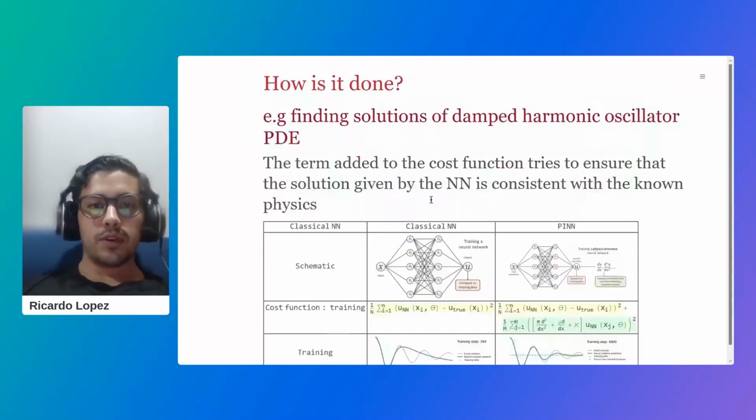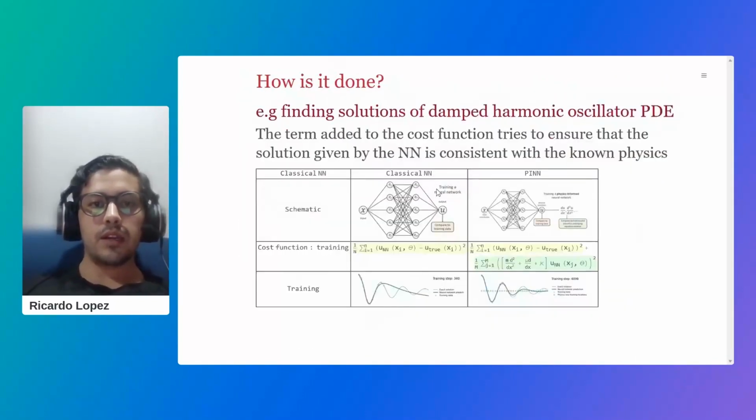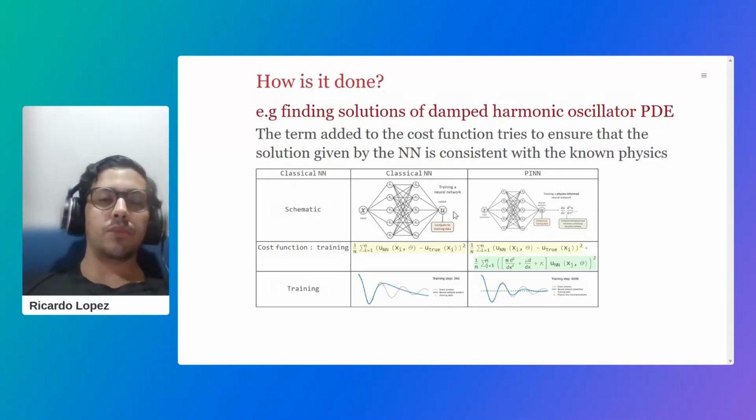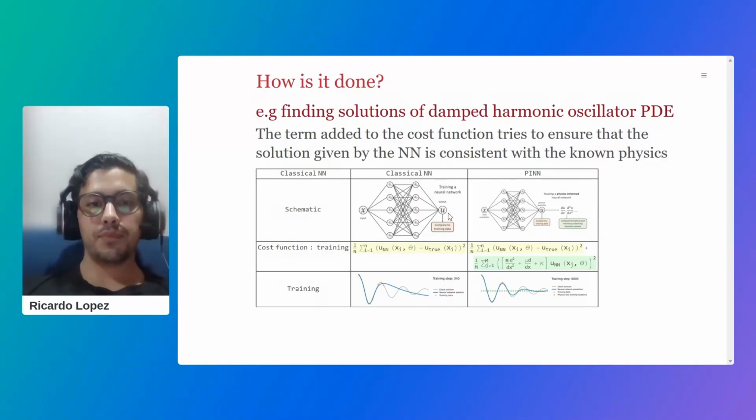For a classical neural network, you will have an input. Let's say you're trying to solve a one-dimensional partial differential equation or a differential equation. You will have as an input the value of x, and as an output, the value of the dependent variable that you're trying to solve for.